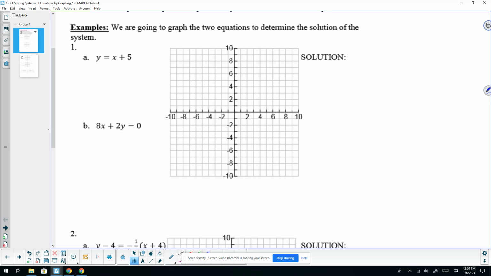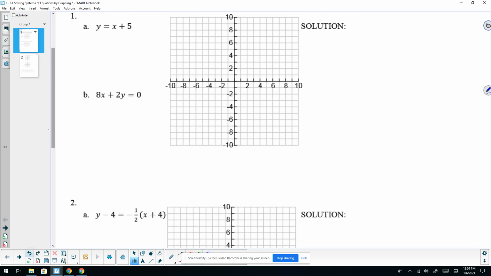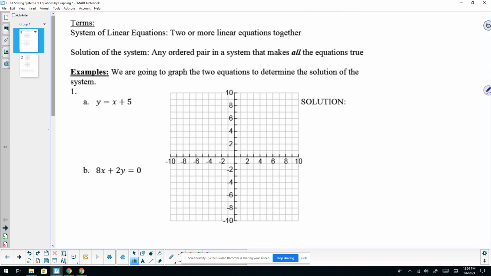We're going to graph the two equations to determine the solution of the system. One thing that you need to remember about graphing that will help you immensely with systems is y equals mx plus b, where m is your slope and b is your y-intercept.